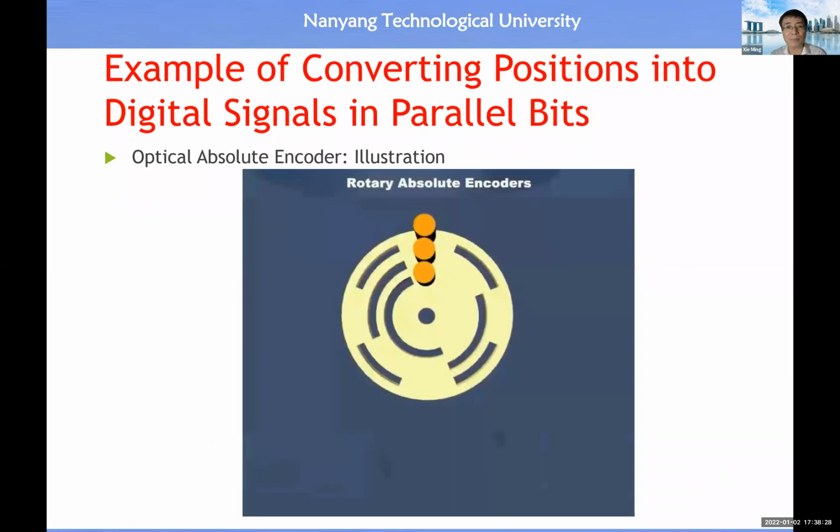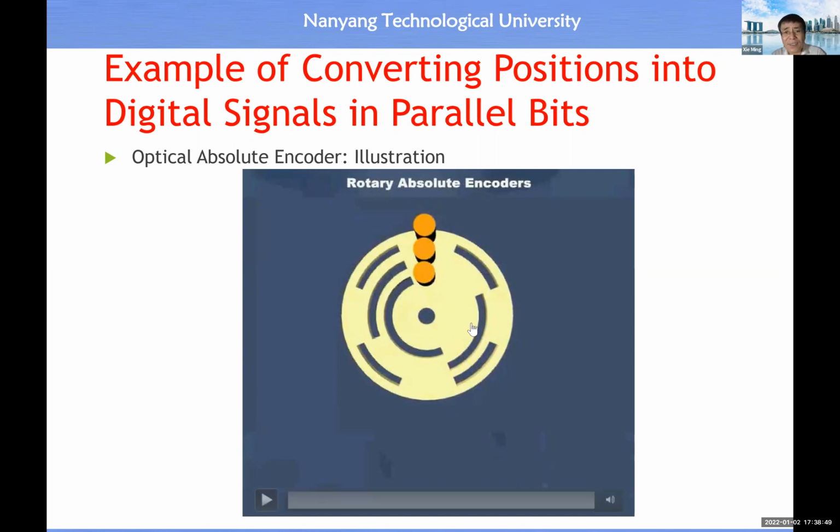All right. So it's very simple. Then how do we convert position information into a digital signal in parallel bits instead of a series of bits? This is a common, popular solution in industry. We call it an optical absolute encoder.